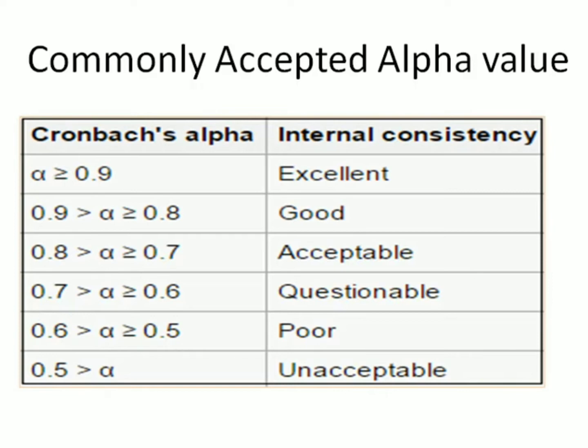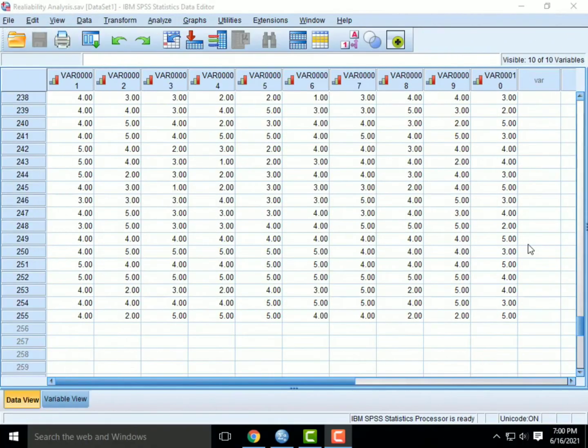If the value is less than 0.7, it is not acceptable and questionable. It indicates poor reliability in the instrument. So our questionnaire should have a reliability value of 0.7 and above.